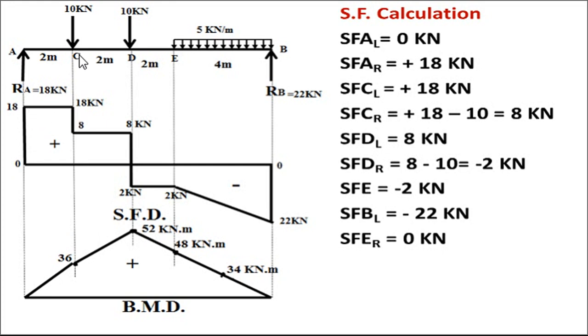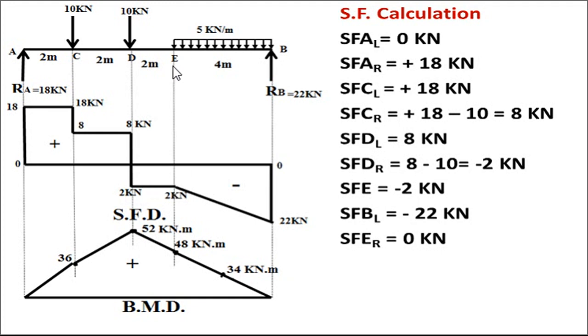After reaching point C, 18 minus 10, it will be 8. No load from C to D, 8. At D, 8 minus 10 will be minus 2. Below this line it shows minus, no need to write minus here. No load from D to E, horizontal line.